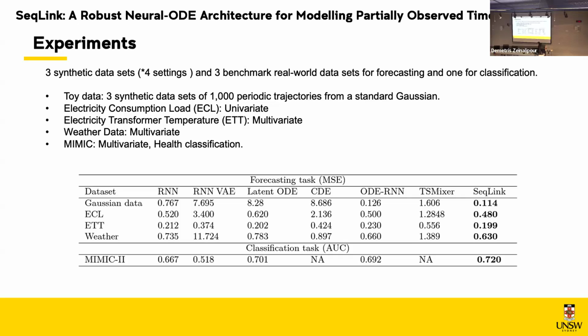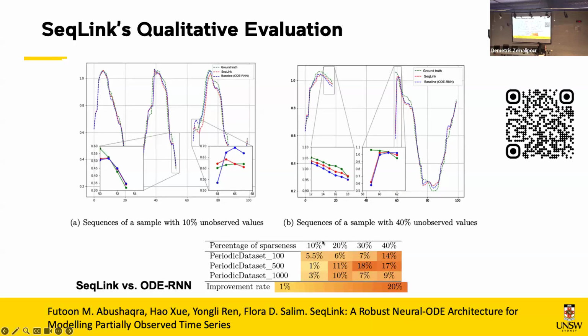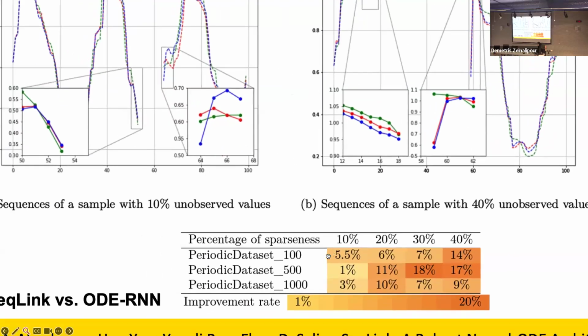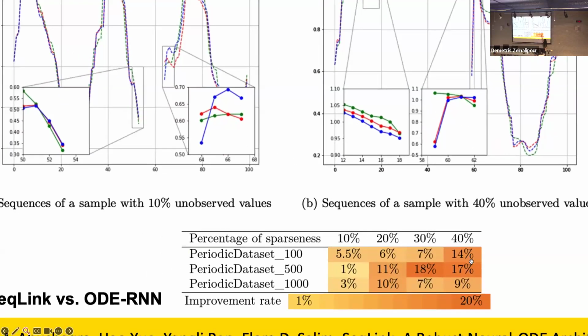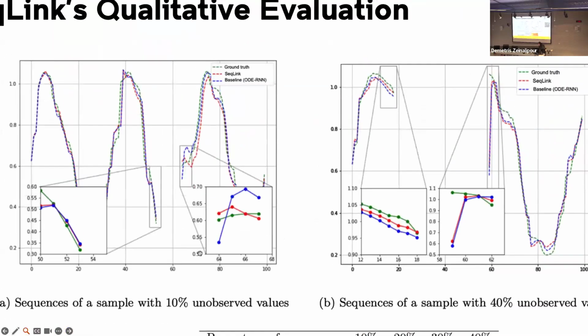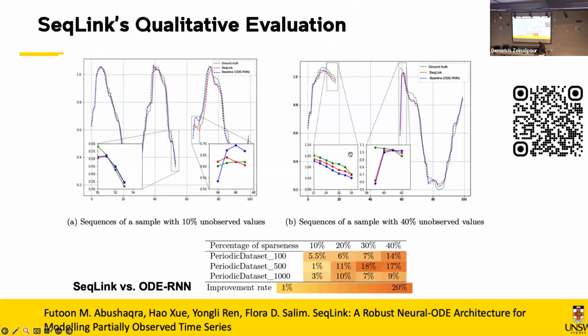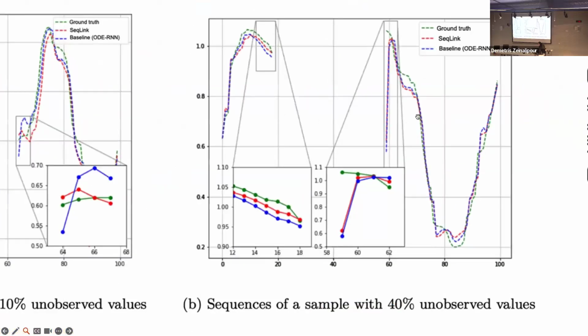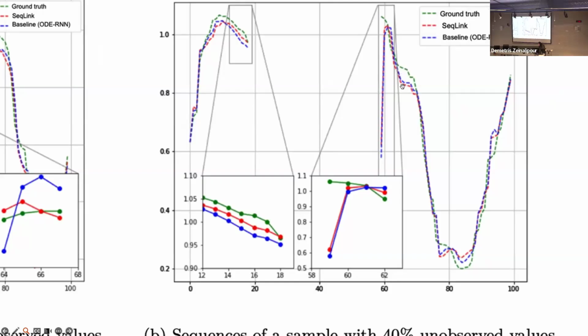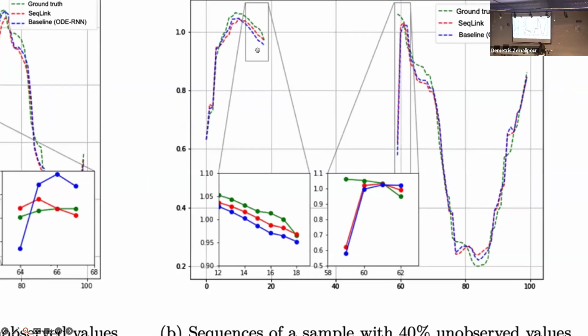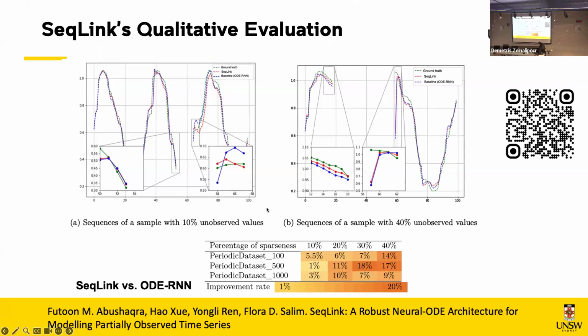So what we did was we just randomly corrupted the dataset and saw how the sequential link can reconstruct them. All right. So for example, here with the baseline ODE-RNN, we could see how close or far we are to the reconstruction, to the ground truth, sorry.